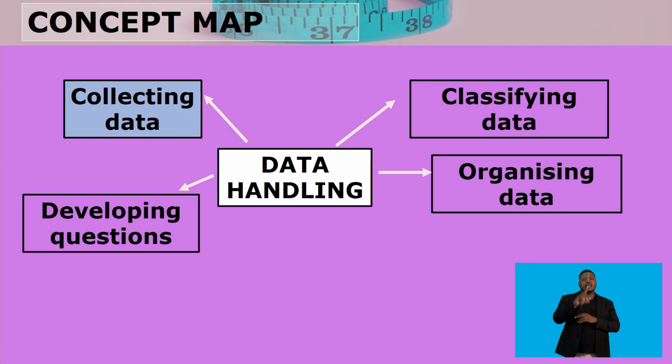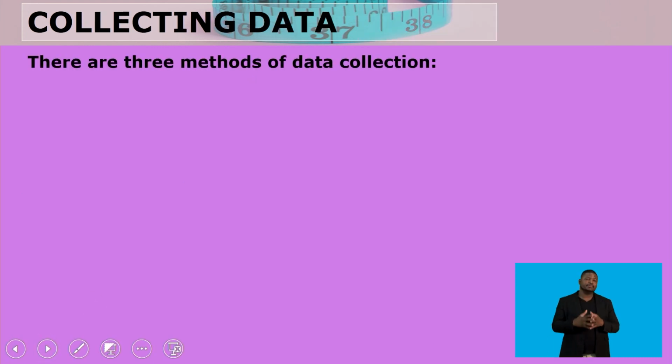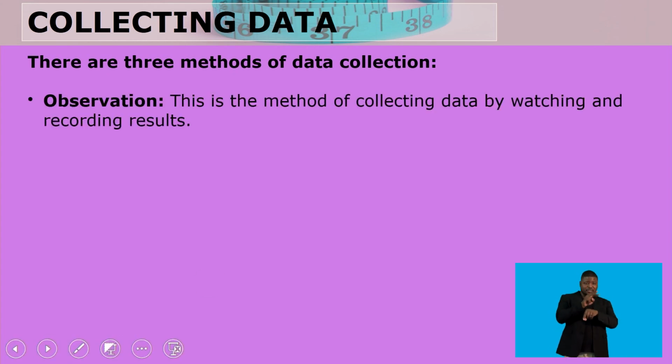All right, collecting data. Now we can talk about how data is actually collected. There are three methods of data collection. First one I talked to you guys about is observation. This is the method of collecting data by watching and recording results. Just sitting back, looking around and seeing what people do. Maybe sometimes if you're analyzing animals, for example, look at what they're doing, stuff like that.